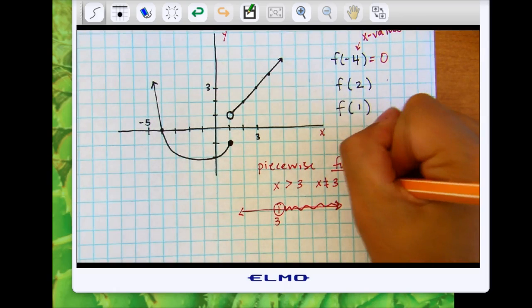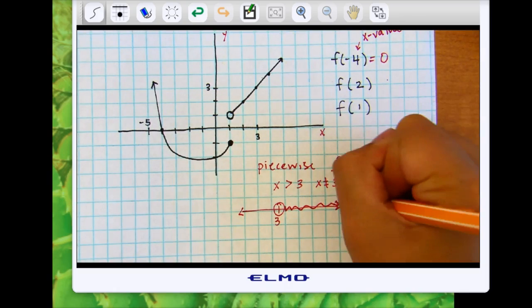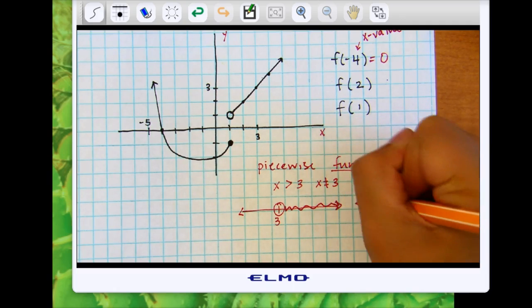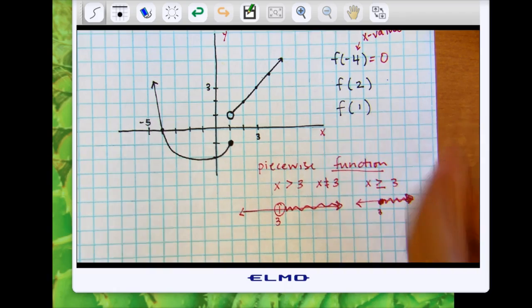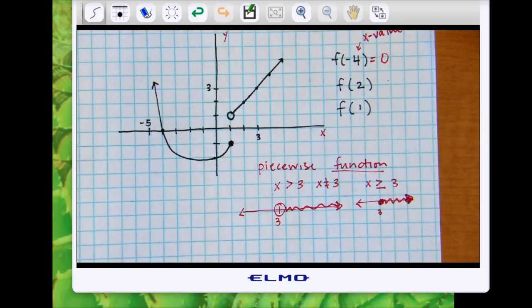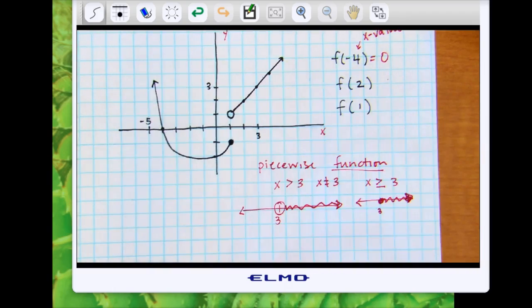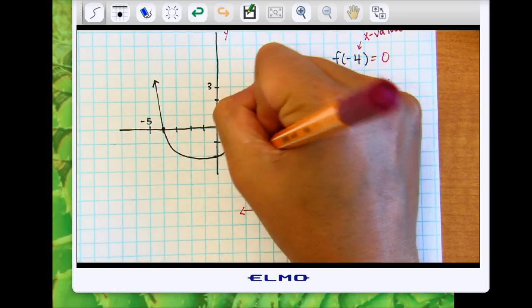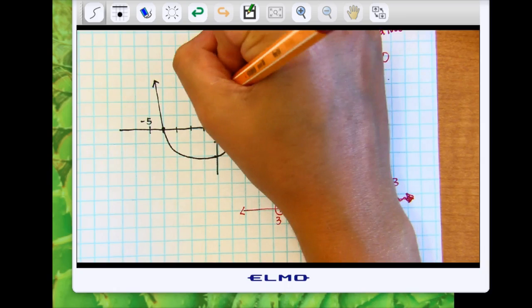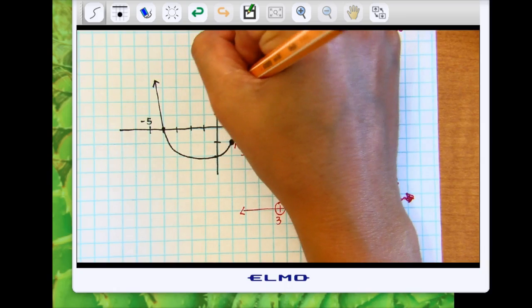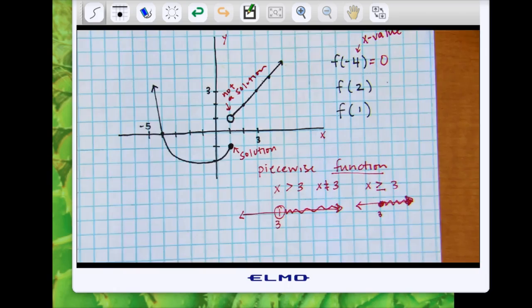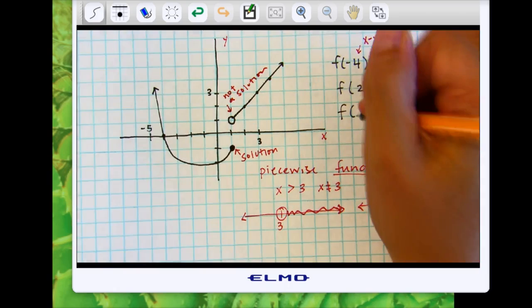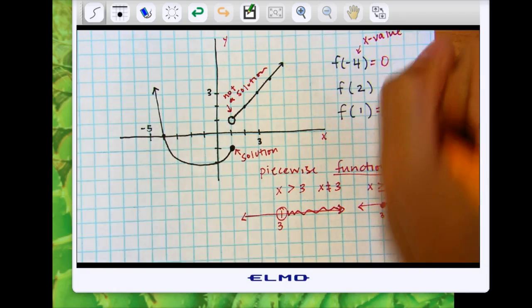Versus if it's greater than or equal to 3, my inequality graph would have a closed circle at 3 and then go greater than. So a closed circle, like this one down here, means that it is a solution. So this is a solution. At 1 here, this is not a solution. It's just a starting point for that second part of my graph. So in this case, f of 1 is going to be -1.